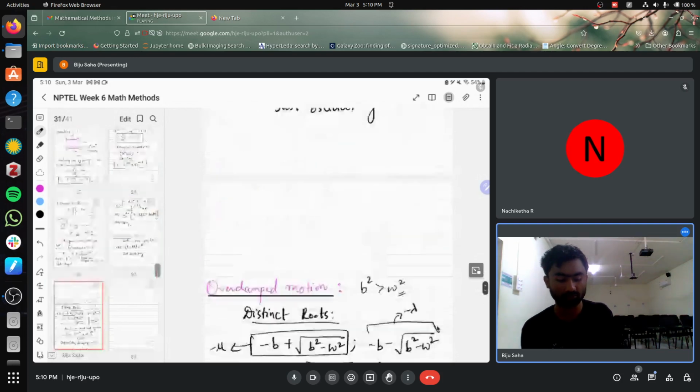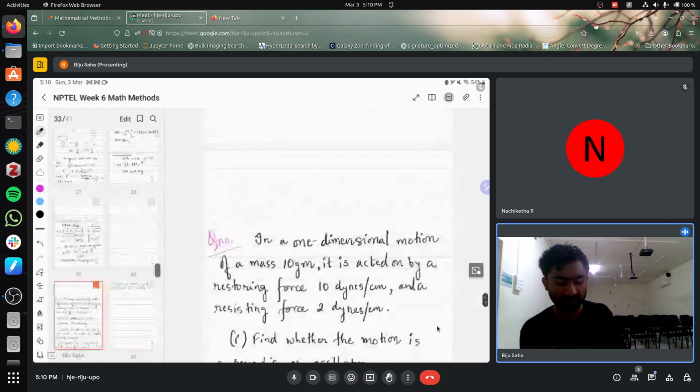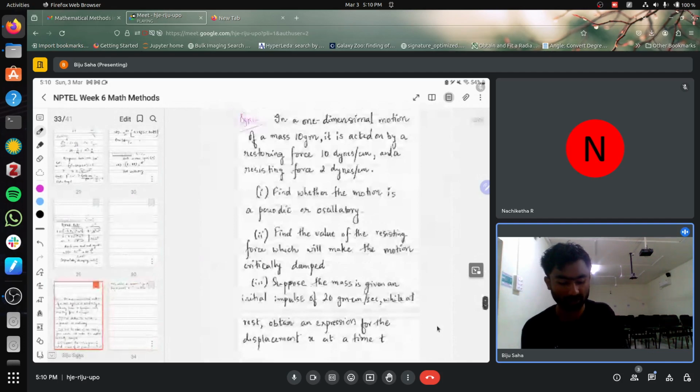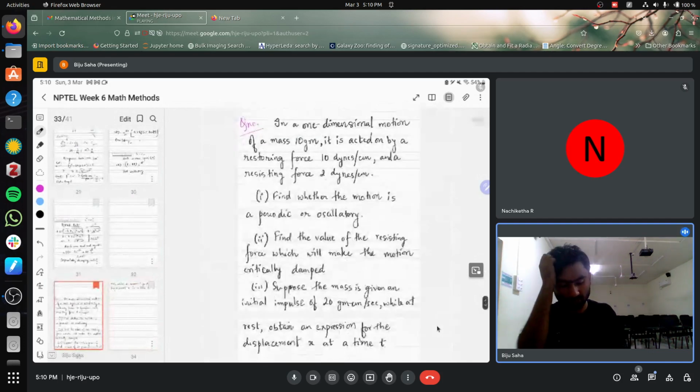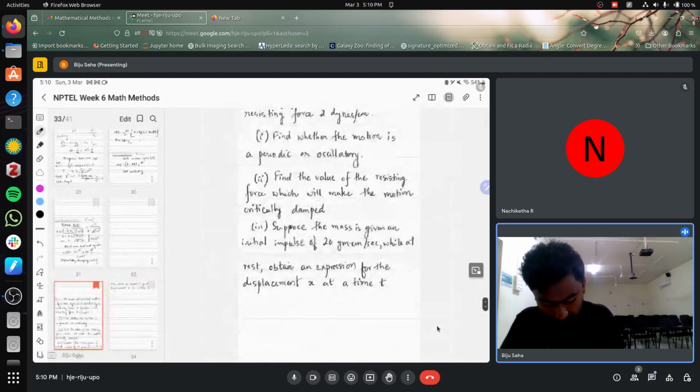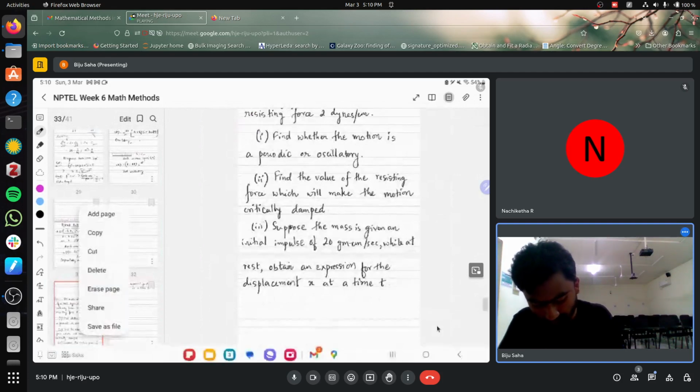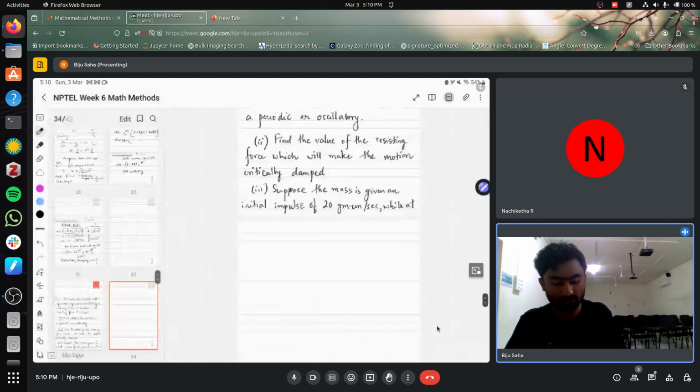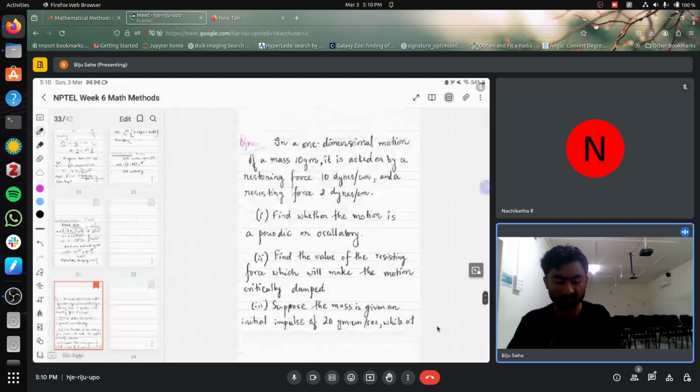So with all this in mind, let us go about solving this particular problem. You have the values of various constants given, and you have to determine whether the motion is periodic or oscillatory.